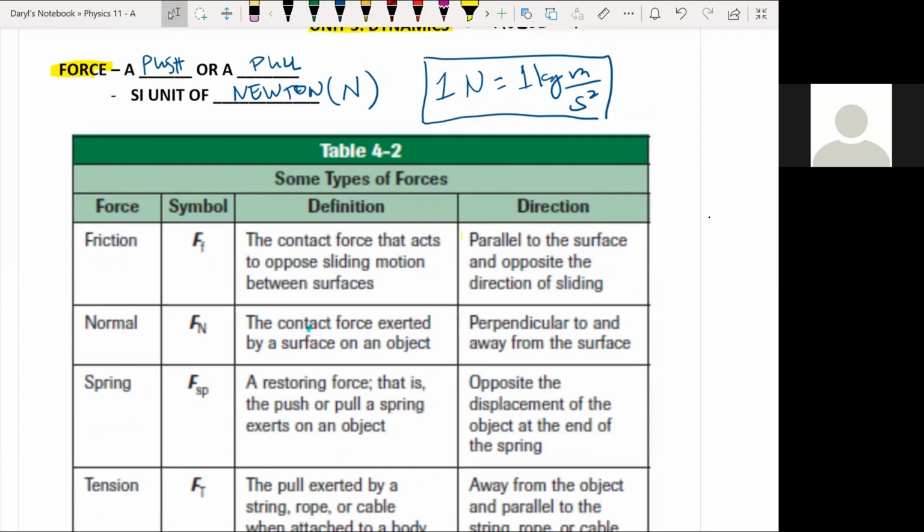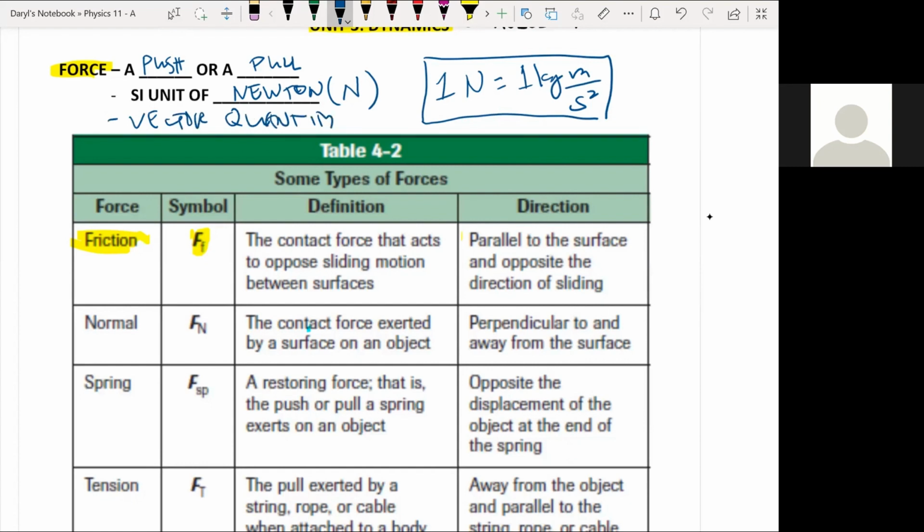So let's say, for example, friction. For friction, usually we use the symbol F sub F. And remember that force is a vector quantity, by the way. So it has both magnitude and direction.